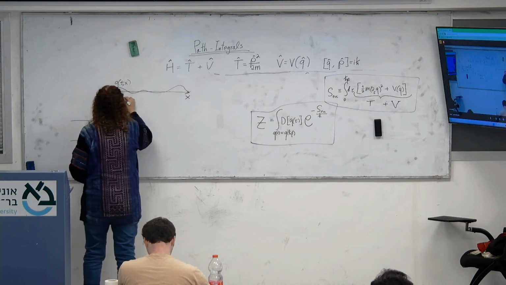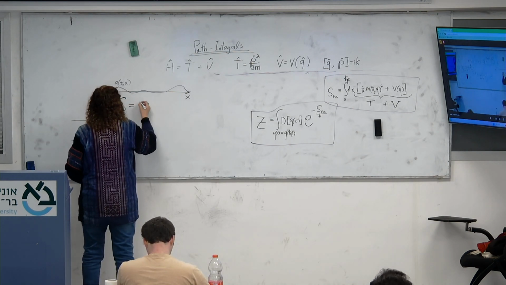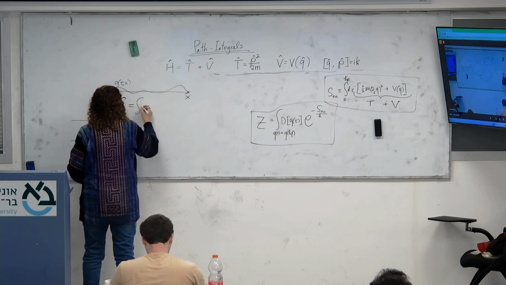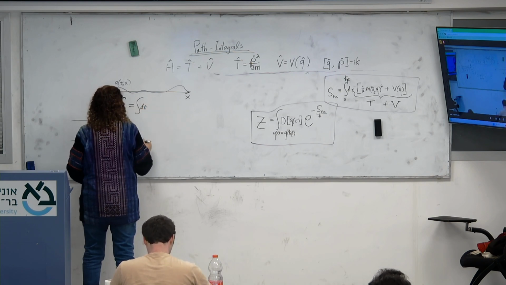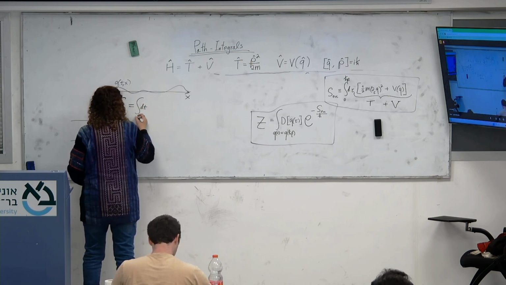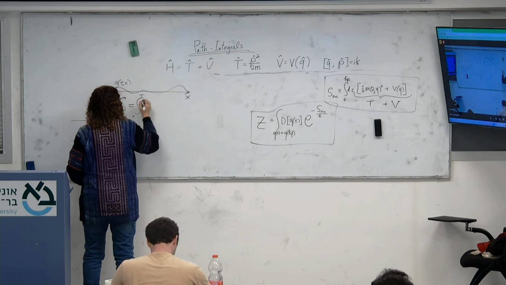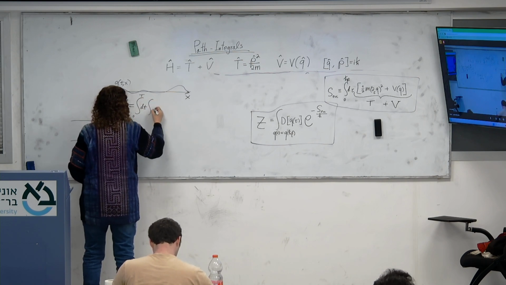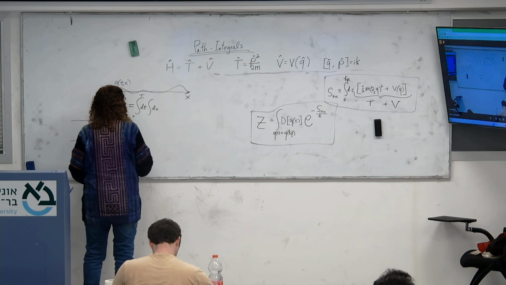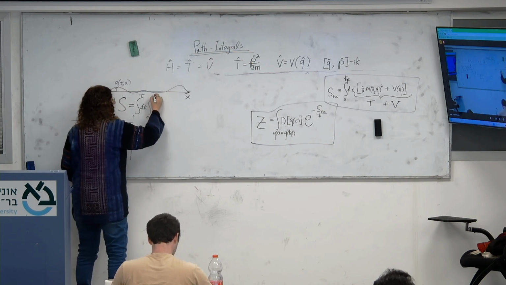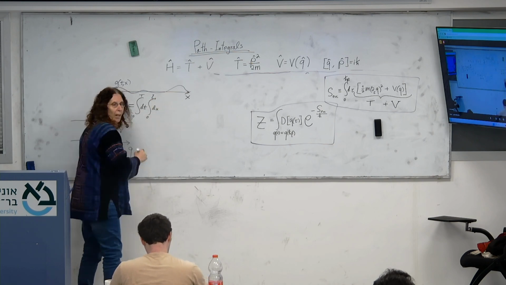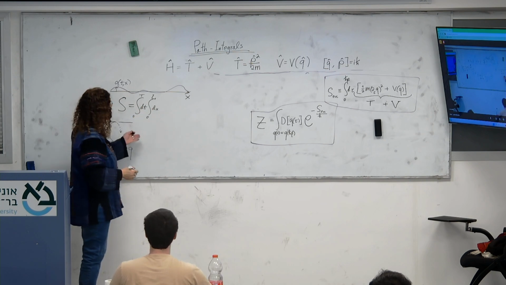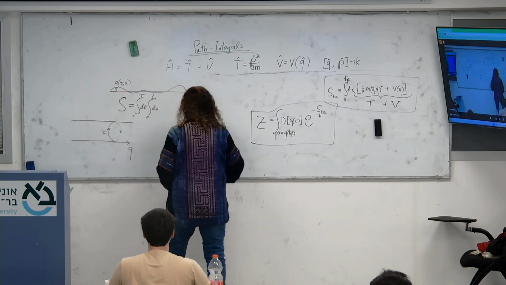So, what was the action? This is something we already saw. It's an integral over time from 0 to some finite, it doesn't matter. And then there is also an integral over x, possibly up to some finite length, but it doesn't matter. It can also be from minus infinity to infinity.